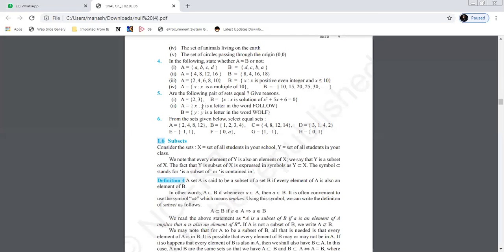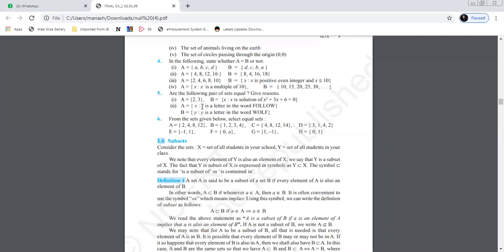Listen carefully. This X square plus 5X plus 6 equal to 0 can be factorized. So you can write it this way: X square plus 2X plus 3X plus 6 equal to 0.